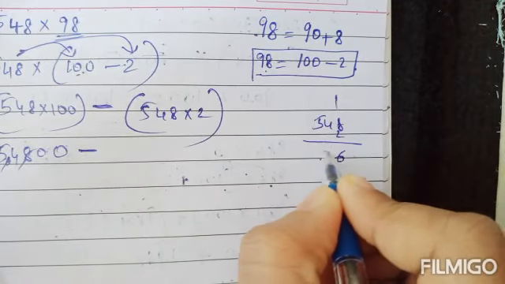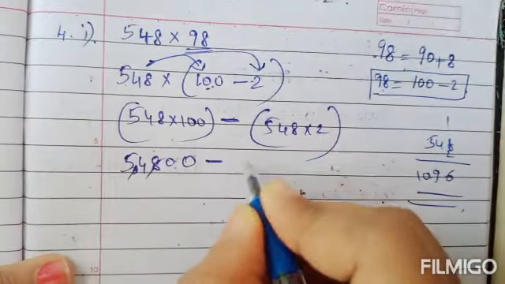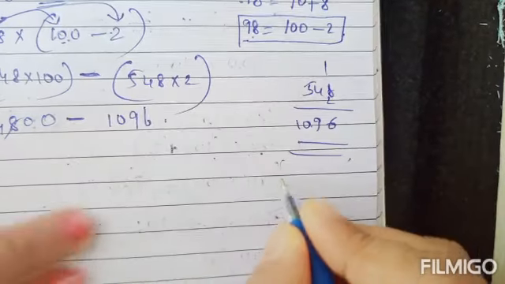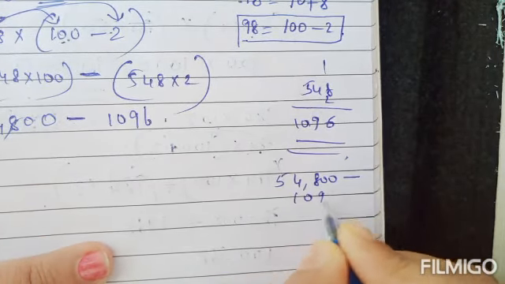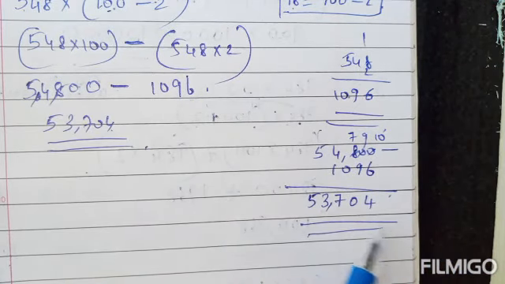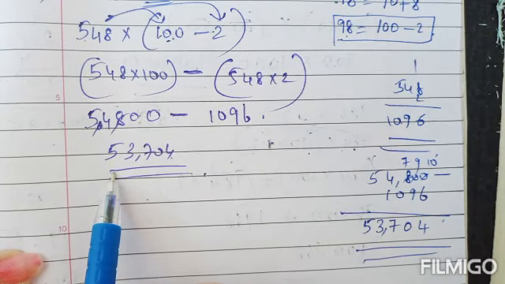We can find that, 1096. Okay. Now you subtract 54,800 minus 1096. You will get 53,704. Okay. So this will be the answer, 53,704.